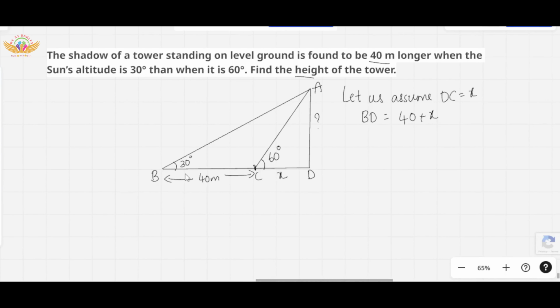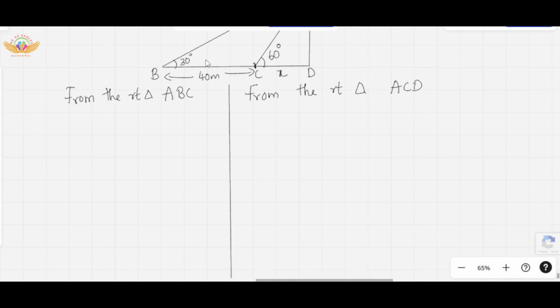I'm going to draw it, and then again I'm going to take from the right angle triangle ACD. So from these two triangles we are going to solve it. So from here we are going to take tan 30 degrees, and from here we are going to take tan 60 degrees.